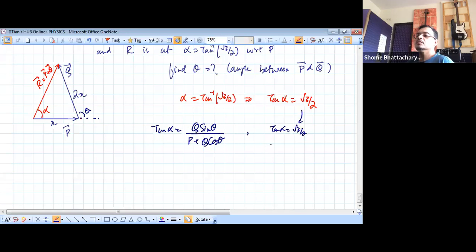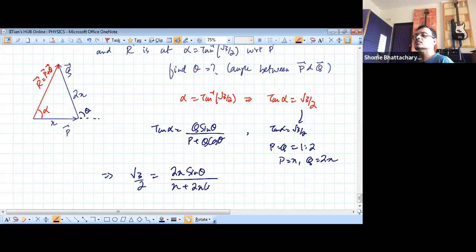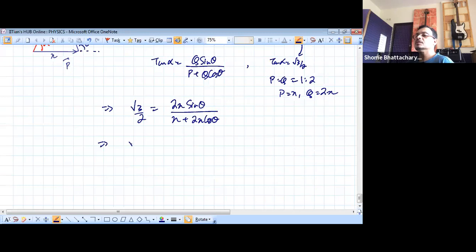And P is to Q is 1:2, so if P is x, we substitute Q as 2x. Left hand side, tan alpha is root 3 by 2. Right hand side is 2x sine theta upon x plus 2x cos theta. The x cancels out in numerator and denominator, and we have root 3 by 2 equal to 2 sine theta upon 1 plus 2 cos theta.